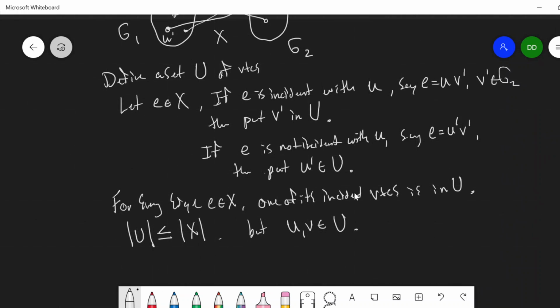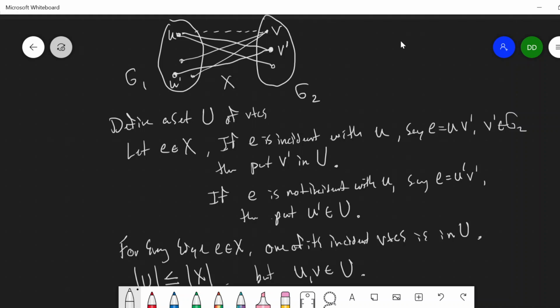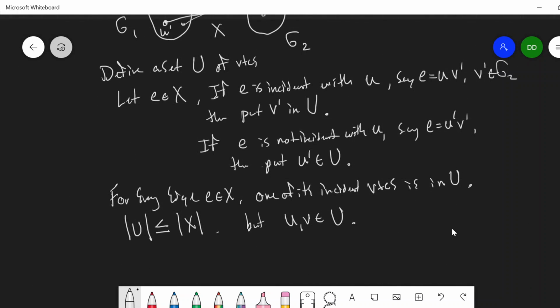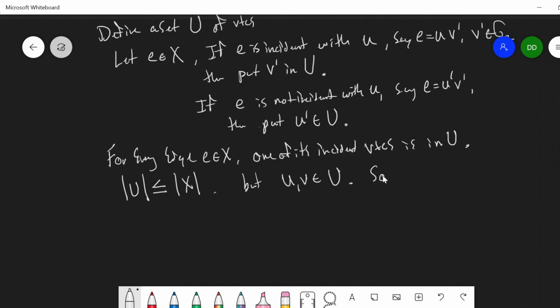So these guys aren't in this vertex set U. And so when I remove U, in G minus U, I can say there is no u-v path. That is, G minus U is disconnected.